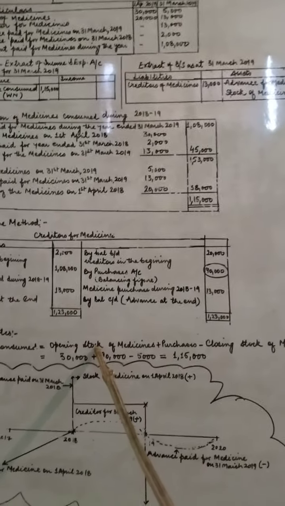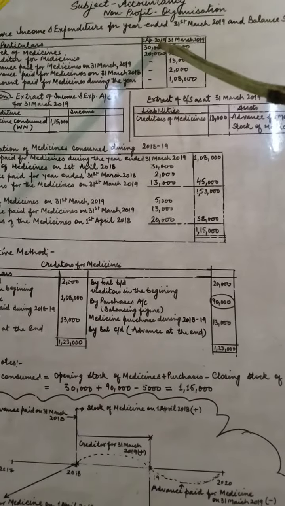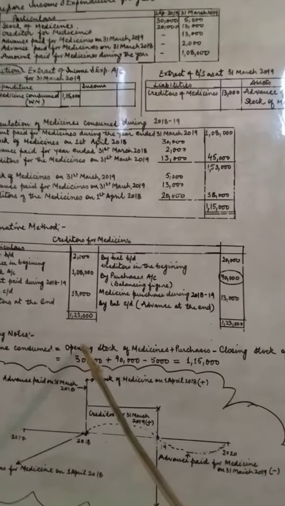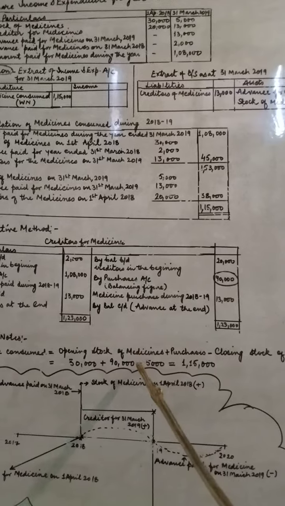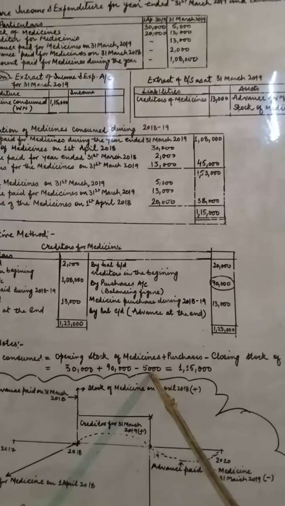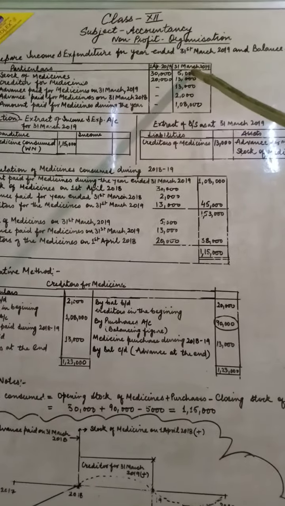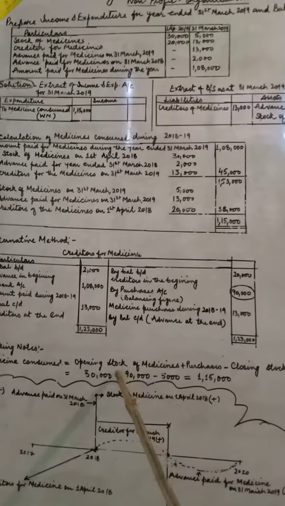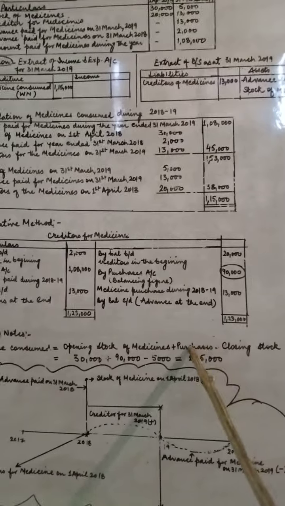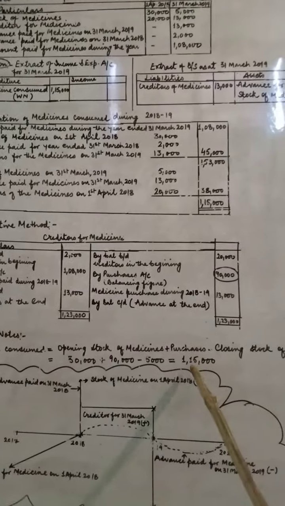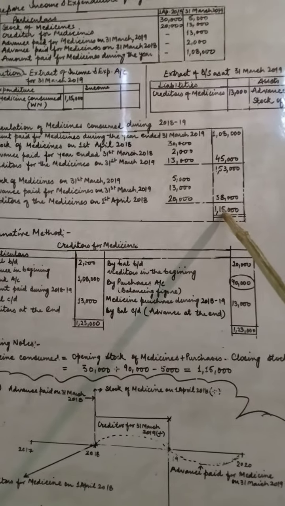Opening stock given on the upper side is 30,000. Then the purchases, that is 90,000, minus closing stock, that is also given in the question, 5,000. When you add and calculate it, you will have 1,15,000. The same amount you have just calculated with the help of this working note.